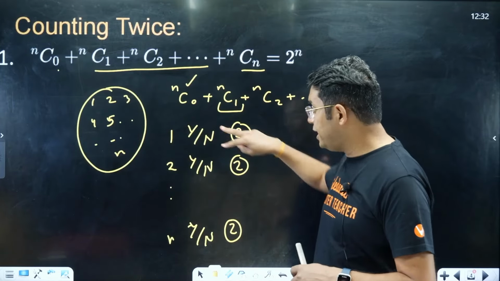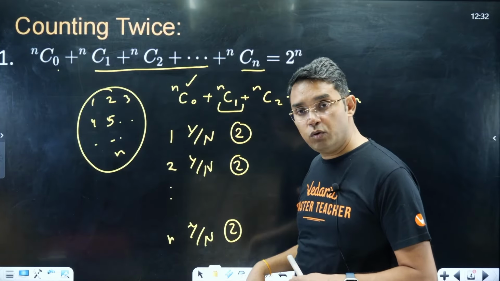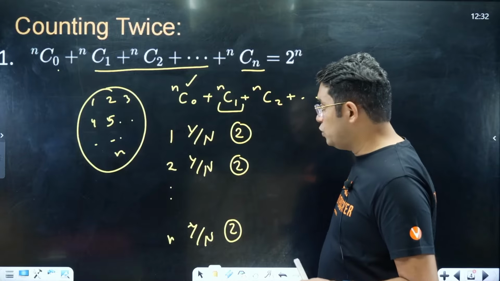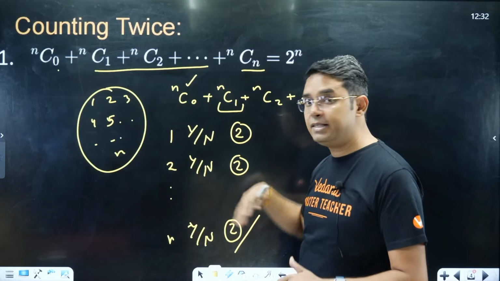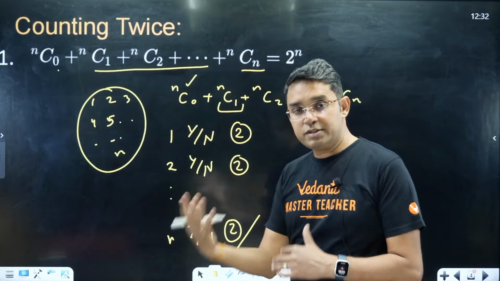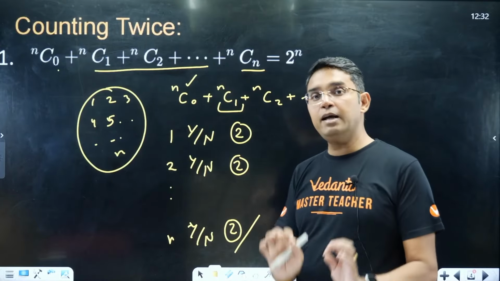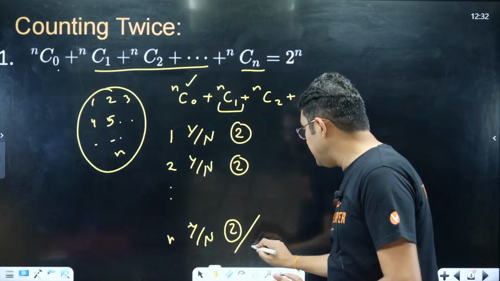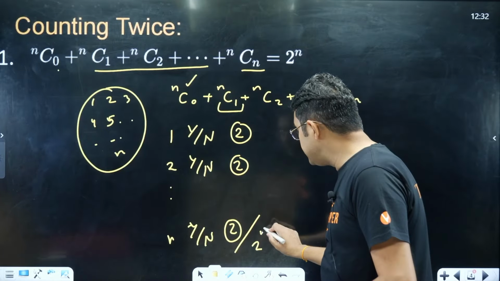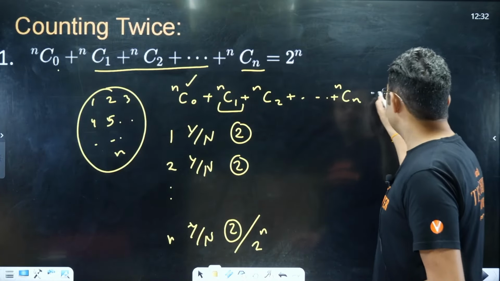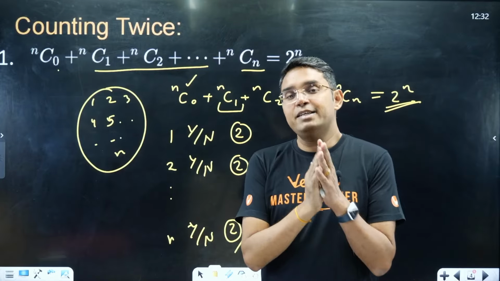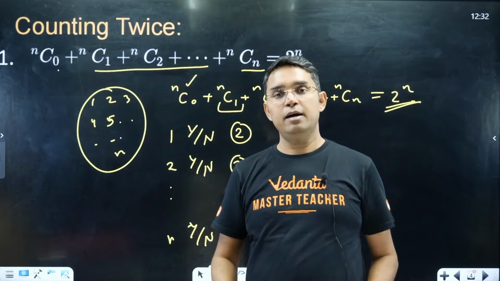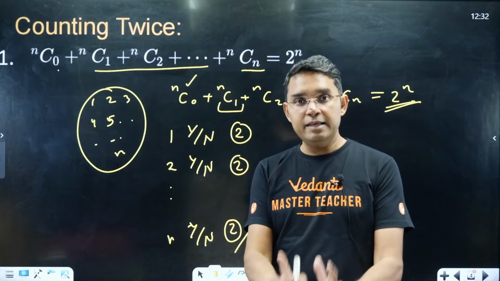Similar to this, 2 yeses and all rest noes is equivalent to nC2 and so on. Here, if I count this way, because every element is getting two ways for selecting or not selecting, by the fundamental principle of counting, it is 2 into 2 into 2, n times, which is 2 power n. Hence this has to be equal to 2 power n. So that is the idea. I think I have set the context. You will understand few other things very easily now.